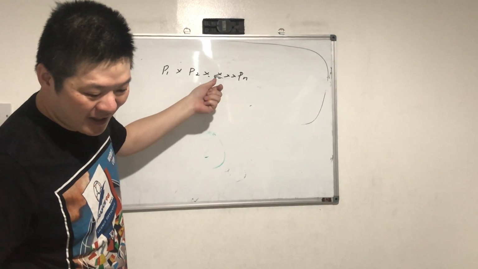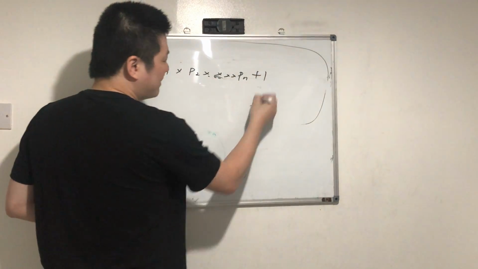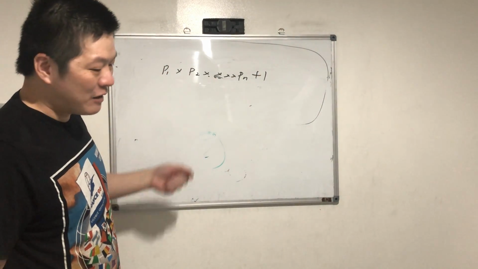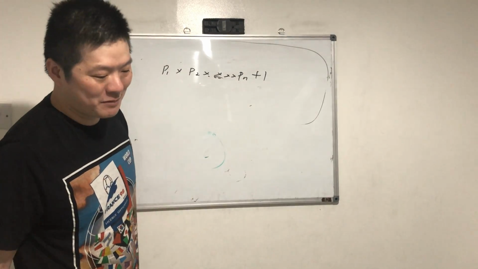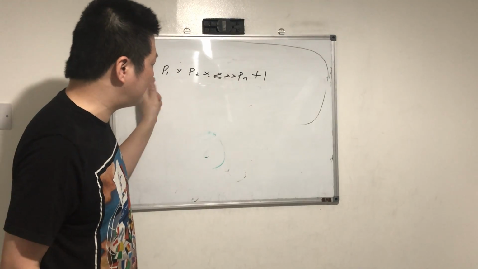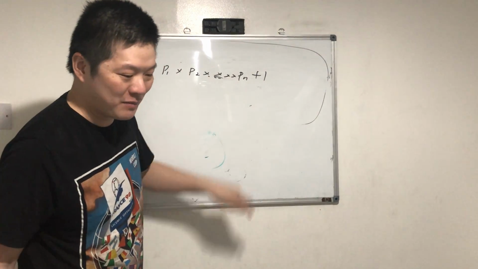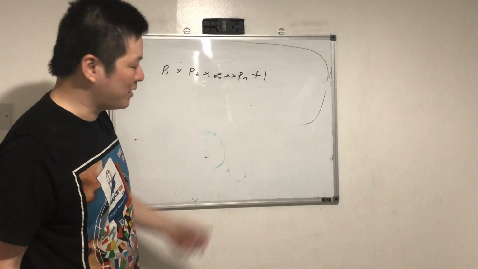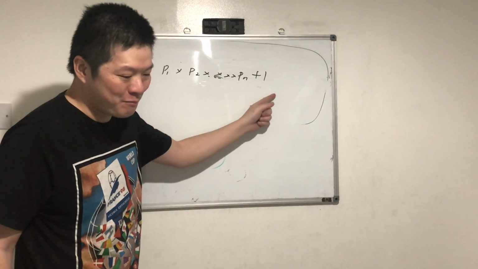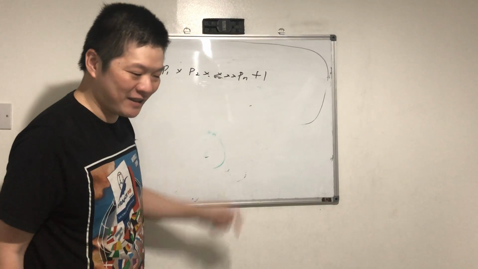How about I plus 1? If I plus 1, that becomes a prime number, because it cannot be divided by any of these prime numbers. You cannot find any such number. So what does it mean? I find another prime number which is not P1 to Pn.